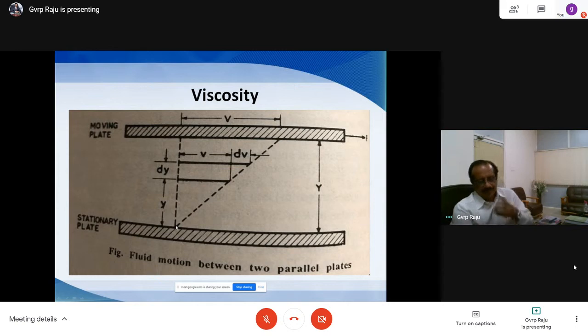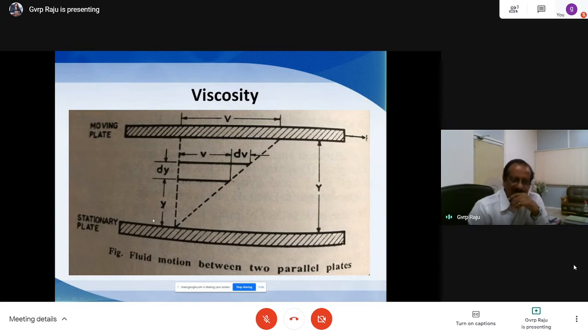So what happens? The fluid has an adhesive property, viscosity. On account of viscosity, the fluid has adhesion. Adhesion is the molecular attraction of liquid to the molecules of solid. So as there is adhesion in view of viscosity, the fluid adheres to the bottom plate. The stationary plate has zero velocity, and the fluid here also has zero velocity as the plate is not moving.